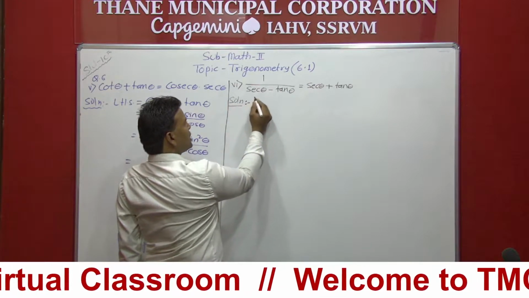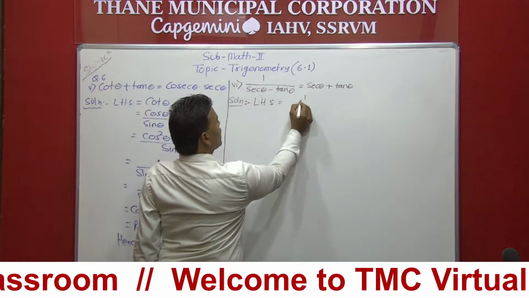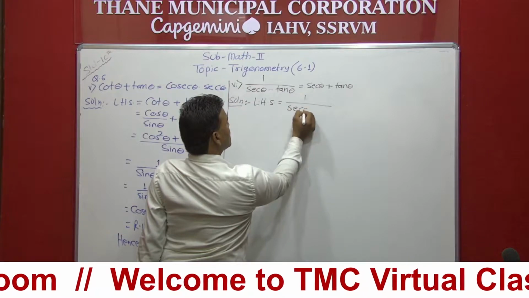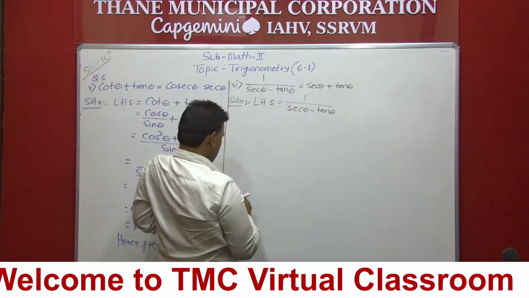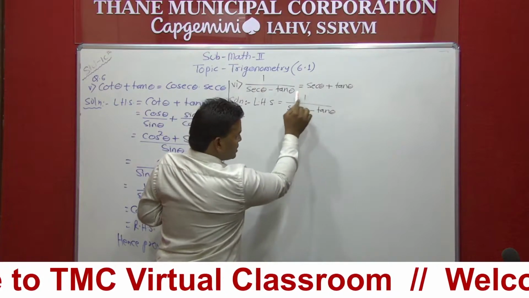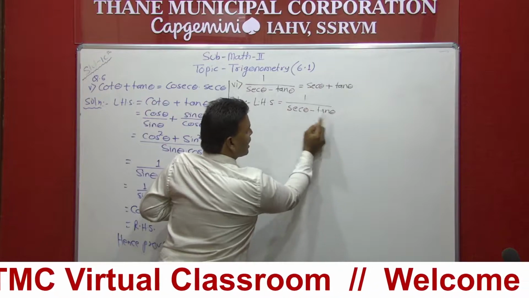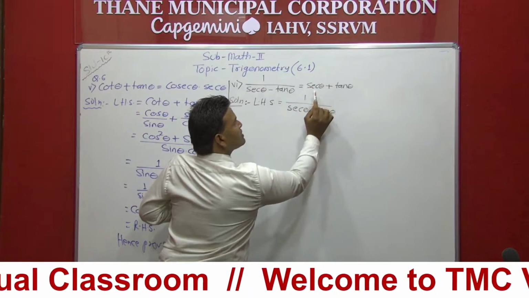In the solution, let us write down LHS, which is equal to 1 upon sec theta minus tan theta. And what are we supposed to find out? We are supposed to find sec theta plus tan theta. See, in the denominator we have sec theta and tan theta, and in the numerator we also need sec theta and tan theta.